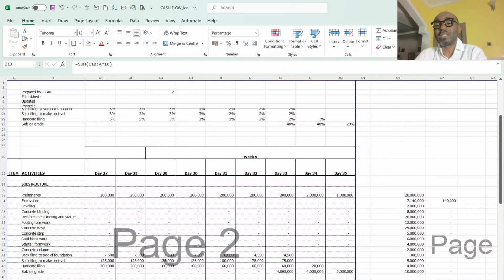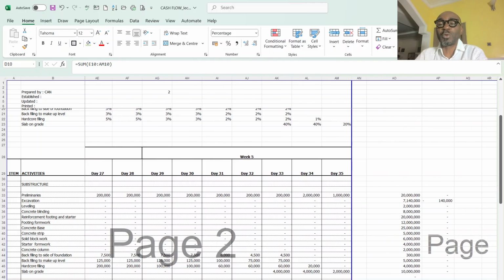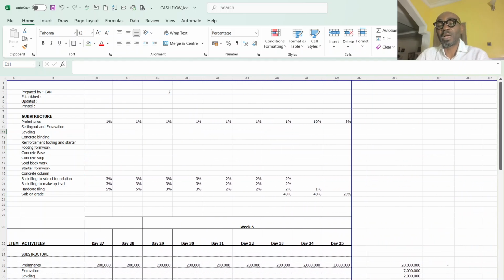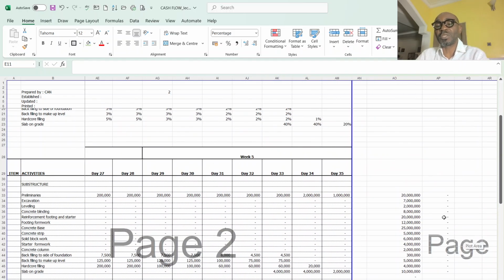So you can see I have a control here that tells me that the figure I've allocated is beyond the 7 million expected income. So I will go back to see where the problem is in my percentage. And once I change it, I'm having 100%, and you see that there are no figures indicating here.